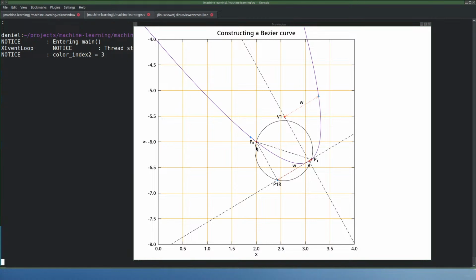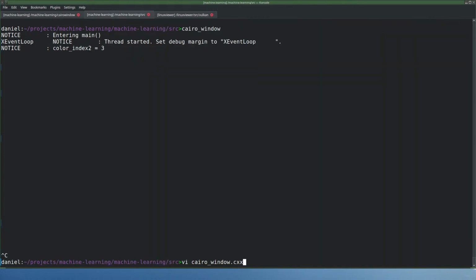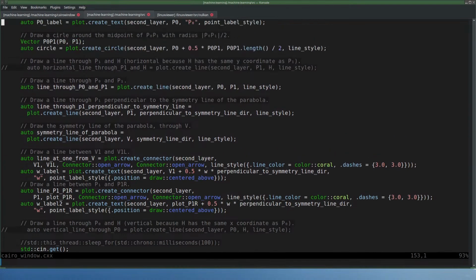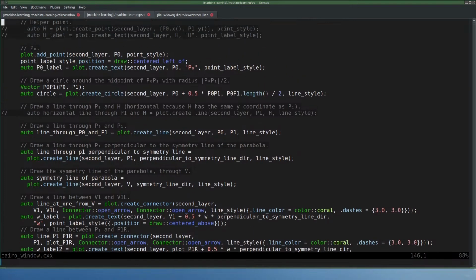Let's remove the dash from this line. I want to do some aesthetic stuff before I'm committing it. The line between P1 and P0.